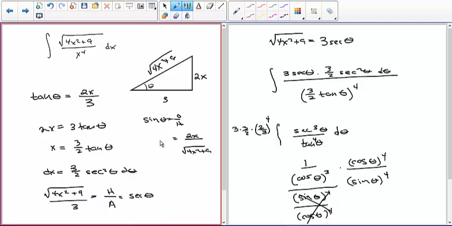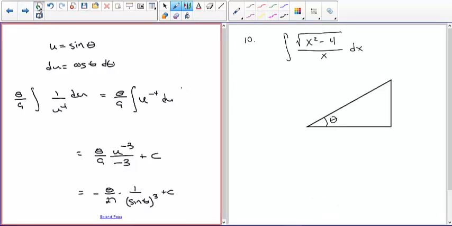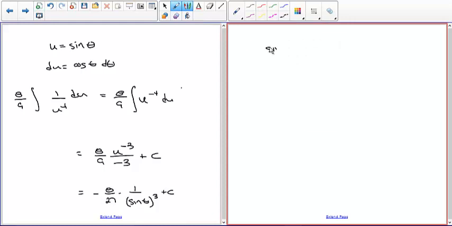So that's what the sine of theta is: 2x divided by the square root of 4x squared plus 9.